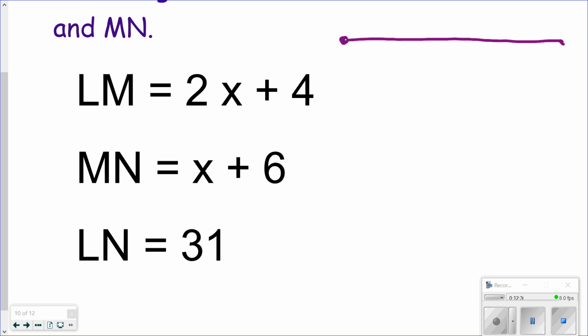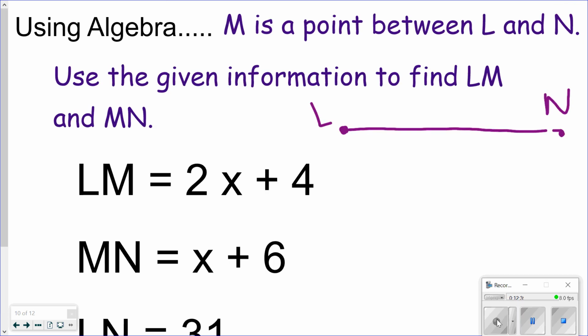I'm going to call this guy L. I'm going to call this guy N, not an M, because M is somewhere in between. And I will put M right here. Not in the middle, just somewhere in between L and N.